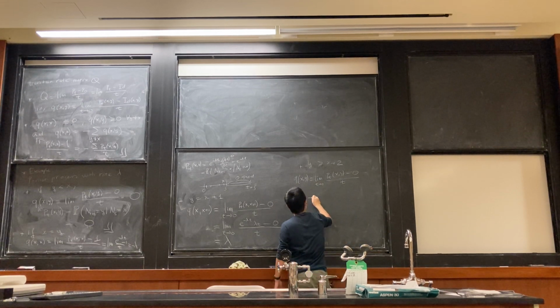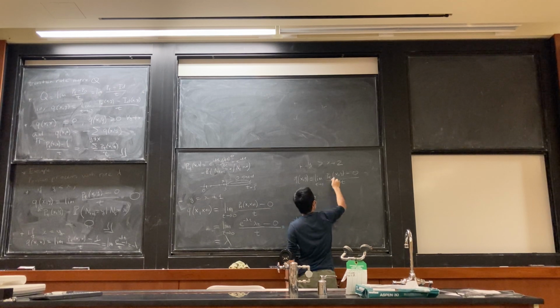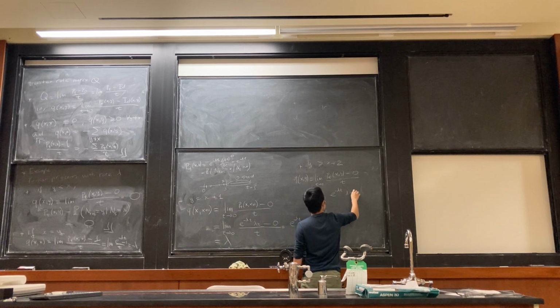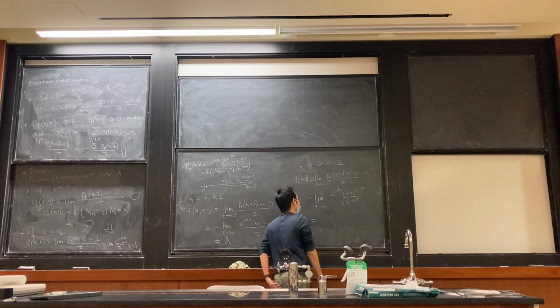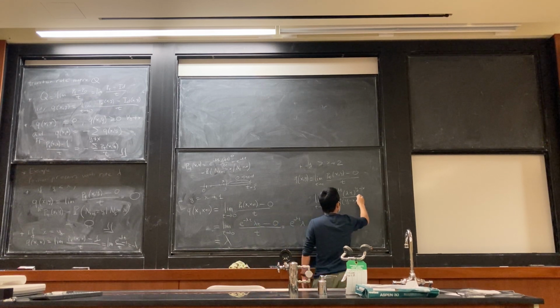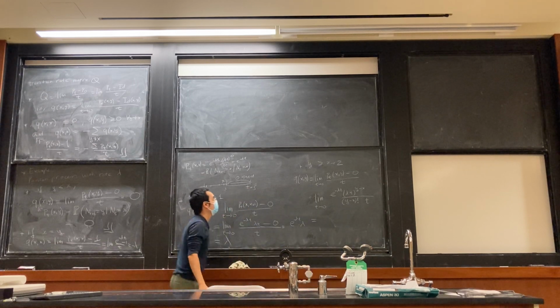Here that will be given by e to the minus lambda t, (lambda t) to the y minus x over (y minus x) factorial, divided by t.